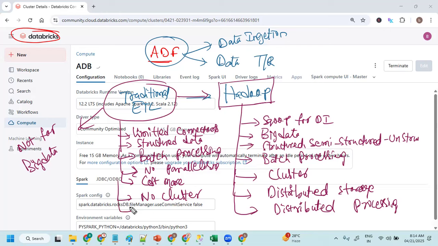In the traditional tools, no distributed storage and no distributed processing.